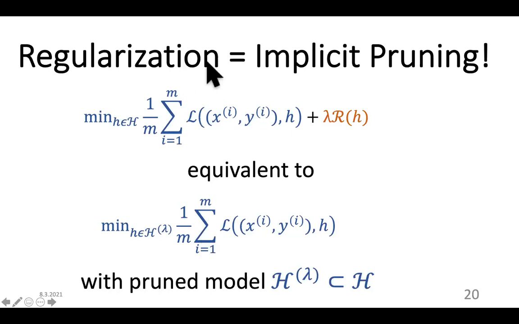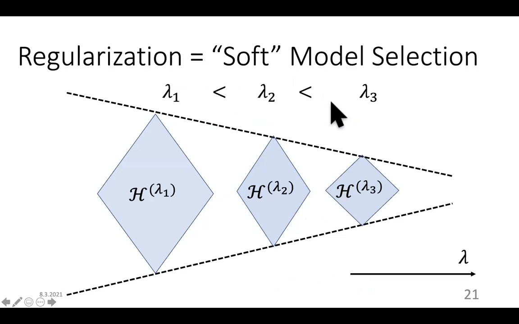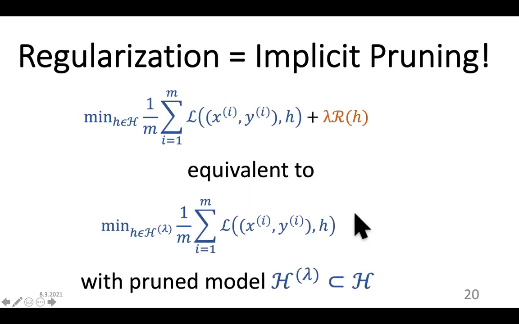So regularization reduces the effective hypothesis space, and makes its effective dimension smaller if we make lambda larger. Regularization is in a sense a soft or continuous model selection.